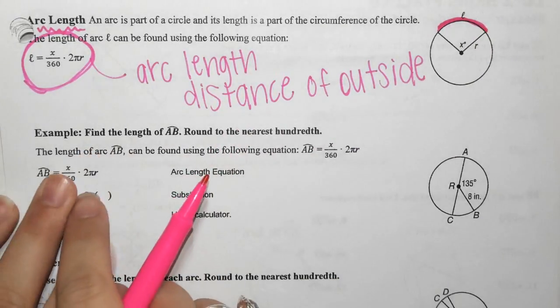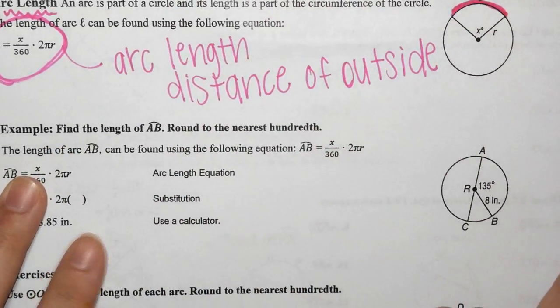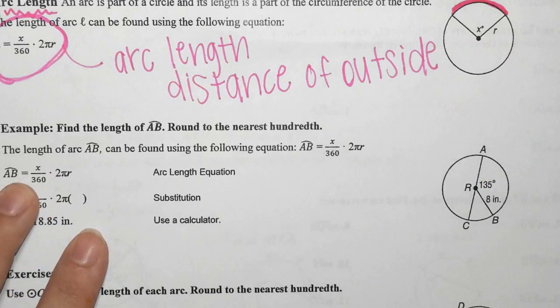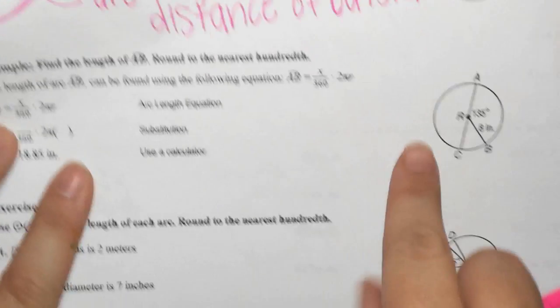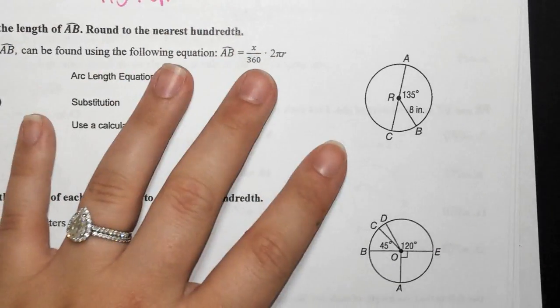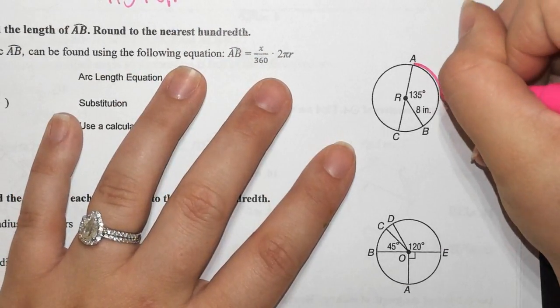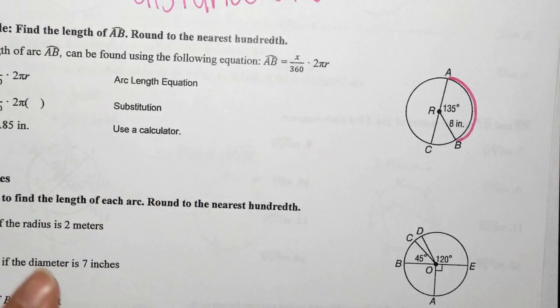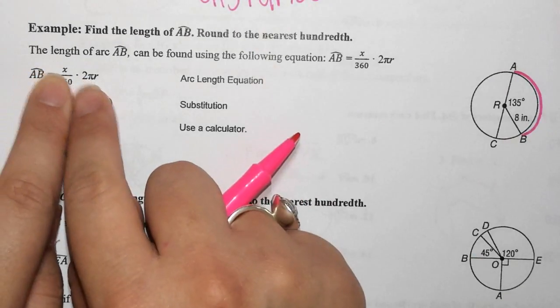This X in the formula stands for how many degrees are in the arc you're looking at. So in this example, they're looking at arc AB. Here's arc AB. How many degrees is A to B? 135. So that's what you plug in for X.